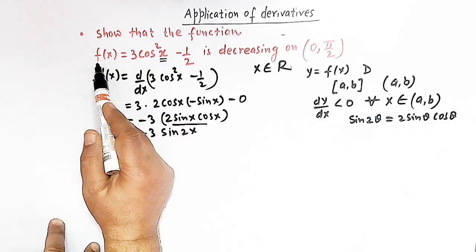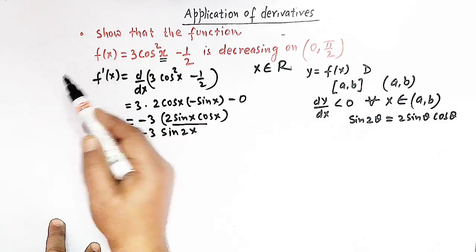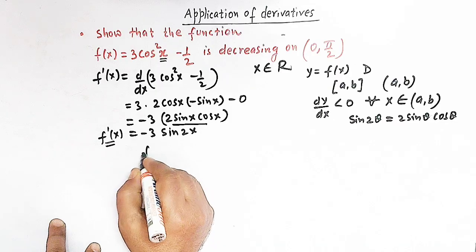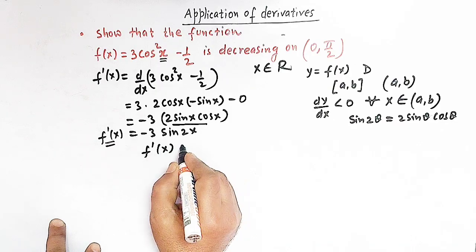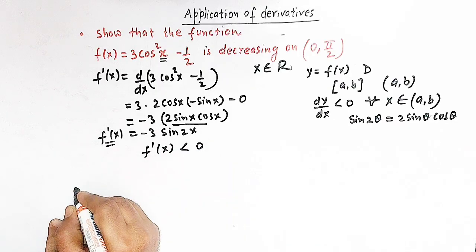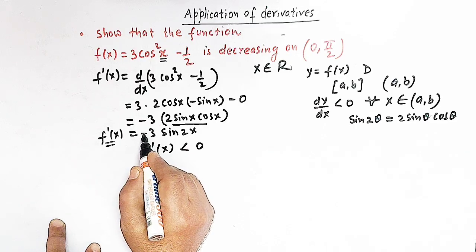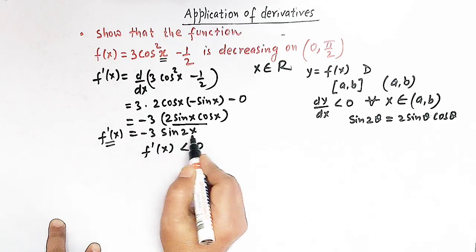Now if this function f of x is to be a decreasing function, then the derivative, that is f prime of x, should be less than 0, right? But here we have a negative sign, that is, minus 3 sine 2x.